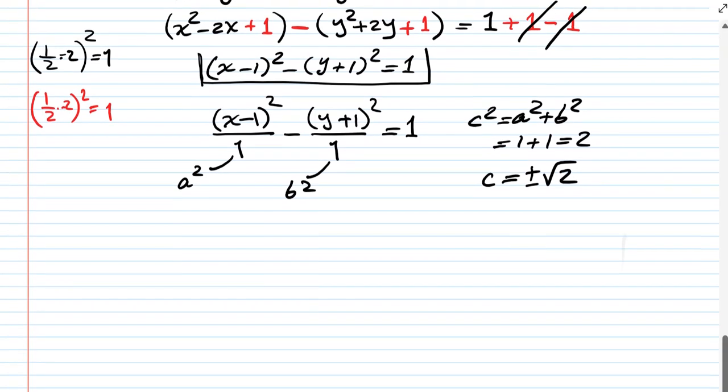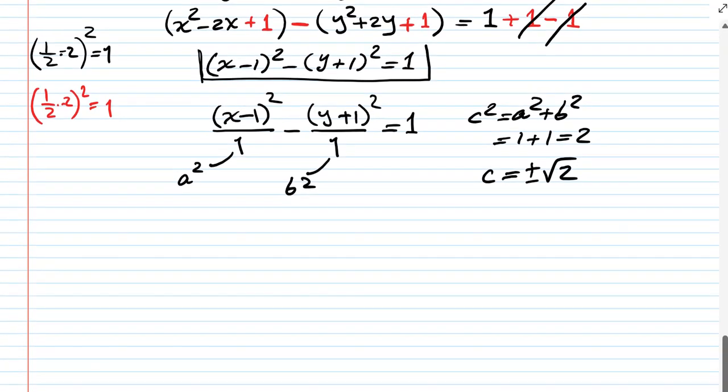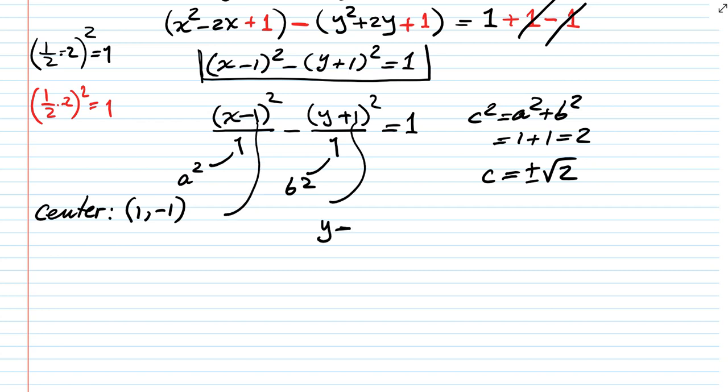True? Now, because we have the HK form, let's go and answer those questions we wanted to answer. The center is going to be at 1, -1. Right? h is 1. k is -1 because it's y minus k. That's y minus -1.